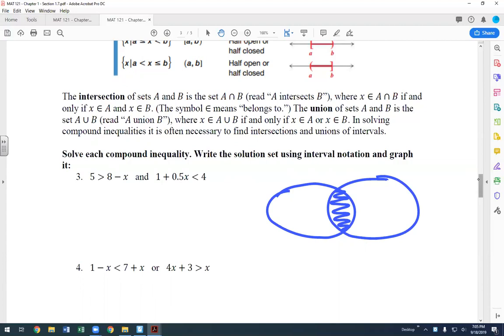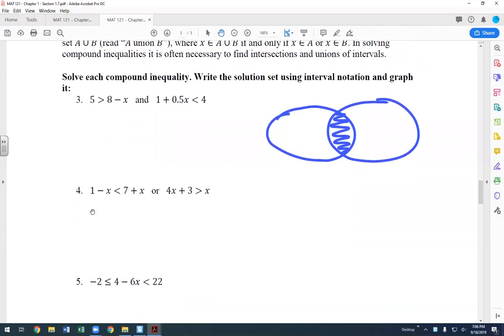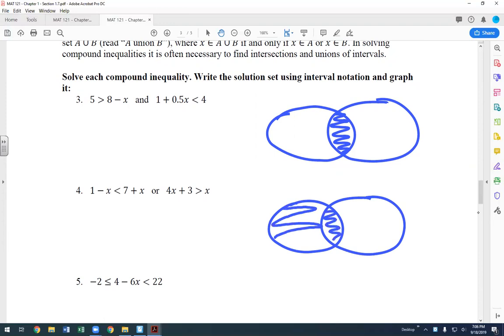But when you are talking about an or inequality, which is coming from the union of sets, does anybody know what union of sets means? Everything. It's all of them, yeah. So you take what's common, you take what's not common, basically put everything in the soup and make a combined set. Union means bring what's common, bring what's not common, put everybody together.